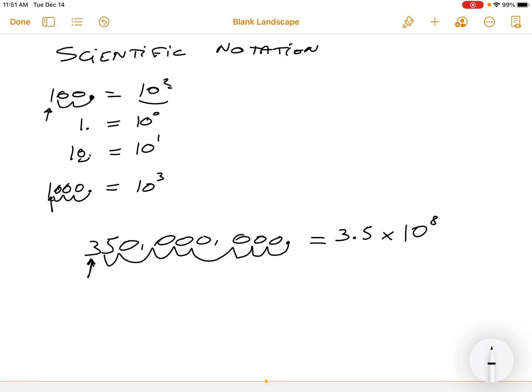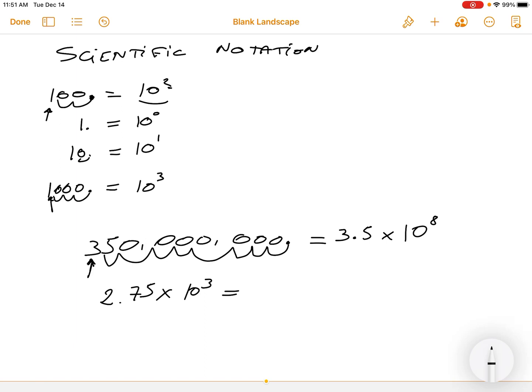Let's do the contrary example. You will see some of those in your lab. So what if I give you 2.75 times 10 to the power of 3?